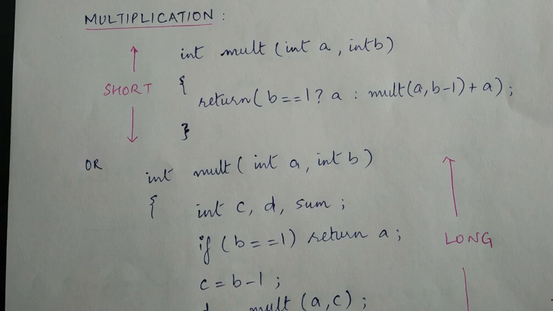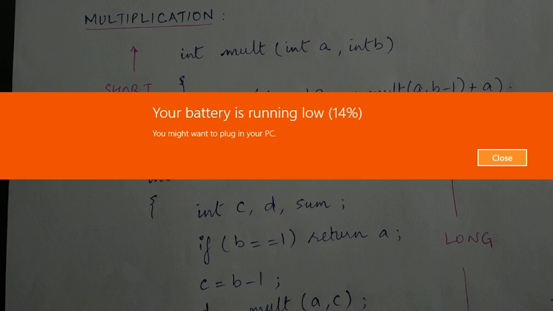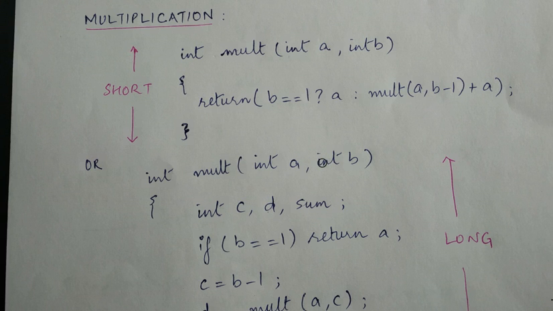Then another example, although you don't need to do multiplication using any recursive call, but just to explain, like I said earlier, multiplication is repeated addition. So if you multiply a with b, you are actually adding a b times. So what we do, we call multiply a with b minus 1 and we add a to it.